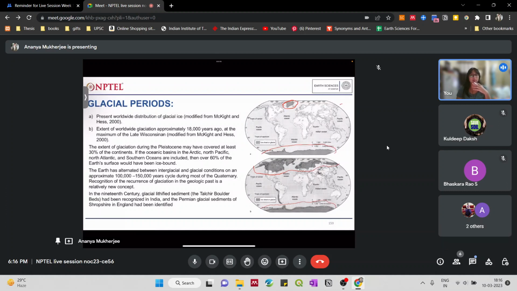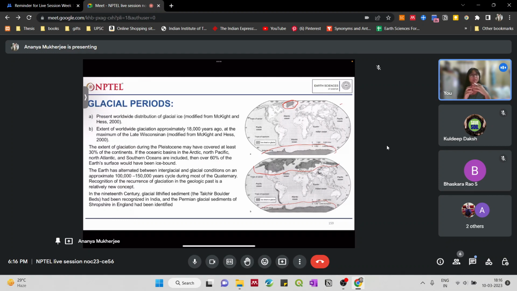This is in the Gondwana time, I think around the Triassic period. And Permian glacial sediments were also found in England. So after finding these sediments and doing studies on them, researchers started research on understanding glacial geomorphology in a more vigorous manner.